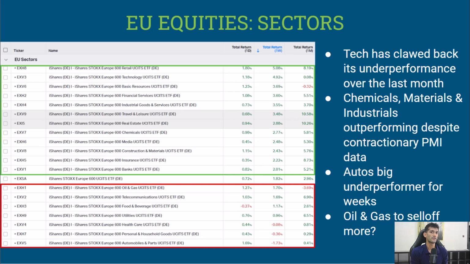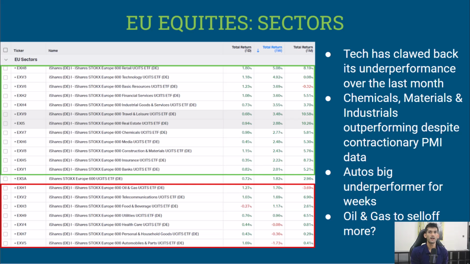We've also seen the same thing happening in the US, and this is definitely something that we have to investigate a bit further. The auto sector has been a weak underperformer for weeks. So we've been hearing a lot of news regarding EV production, reduced production of autos, and this is definitely being reflected in the stock performances.